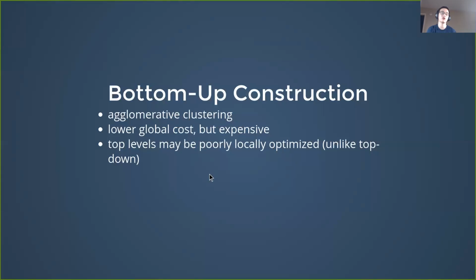Also, the top level may be poorly locally optimized, unlike the top-down approach, because we construct the BVH bottom-up, and this can be a problem because we usually spend more time traversing the top levels of the tree instead of the bottom level.